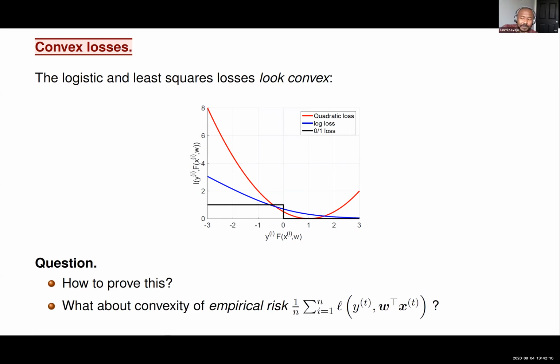And we'll also try to build up to convexity of the loss function we're actually optimizing, which is this average loss over data. So the first part is showing the convexity of the loss of a single example. This is L of y, w transpose x.